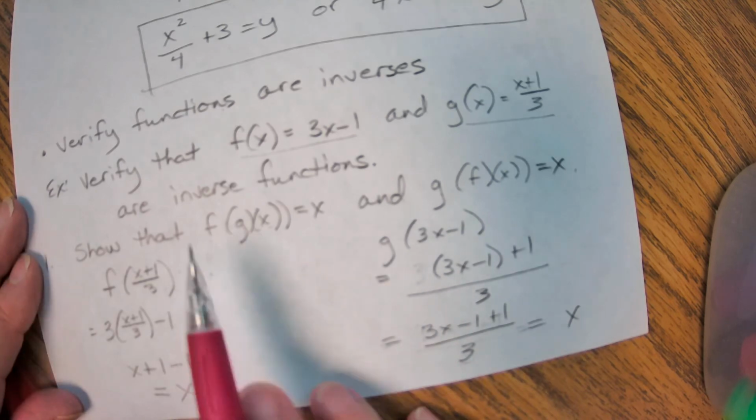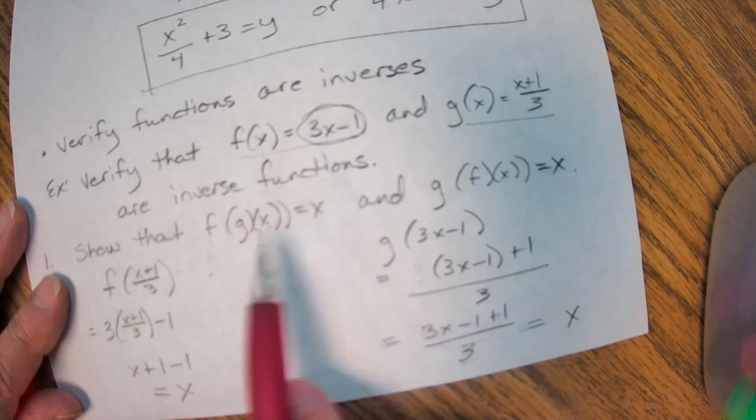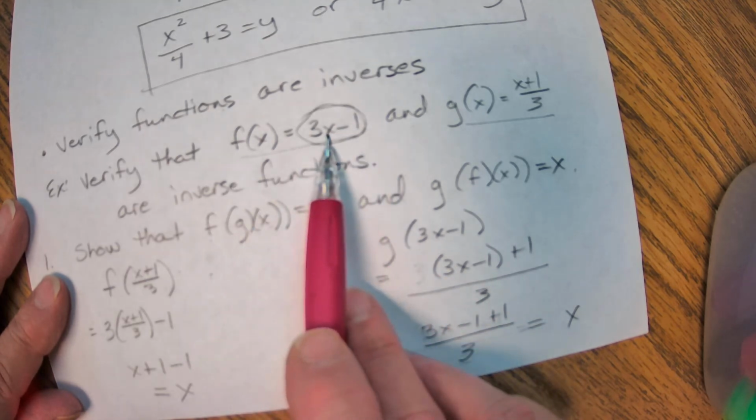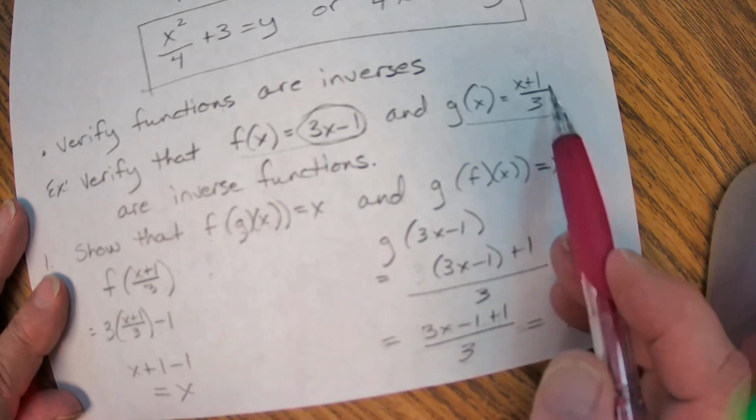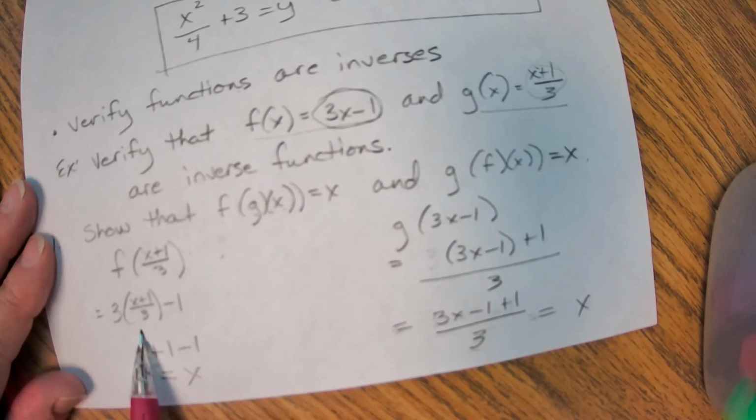This is a compound function, remember? So I'm going to take f, and wherever there's an x, I'm going to plug g in for it. That's why g goes here, because f of x is 3x minus 1, but I'm plugging g in there.